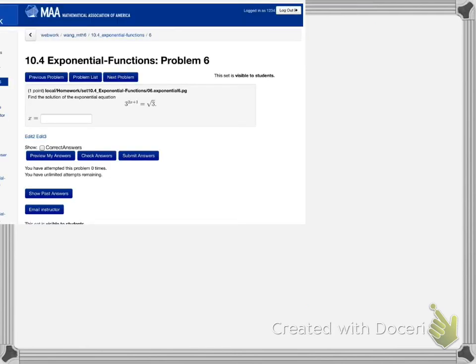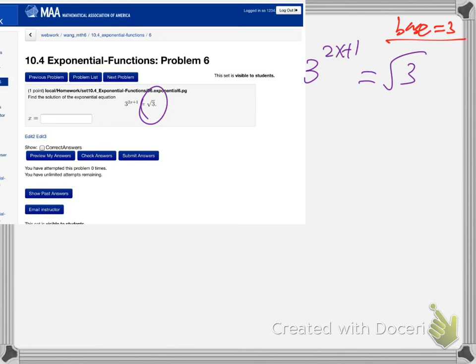This question on the whiteboard is a little bit harder because we have a radical here. So let's write it down. 3 to the 2x plus 1 is radical 3. Now the base we want is 3, right? We want both sides to be base 3. You don't need to do anything on the left because it's already base 3.